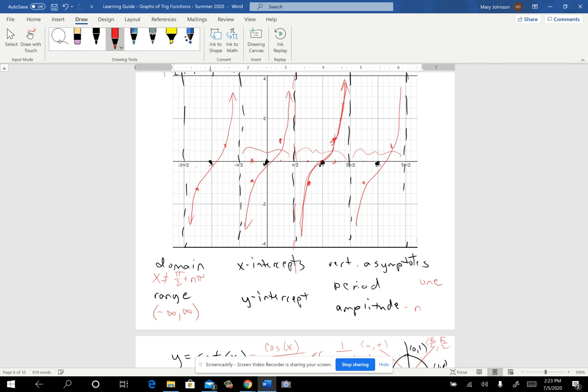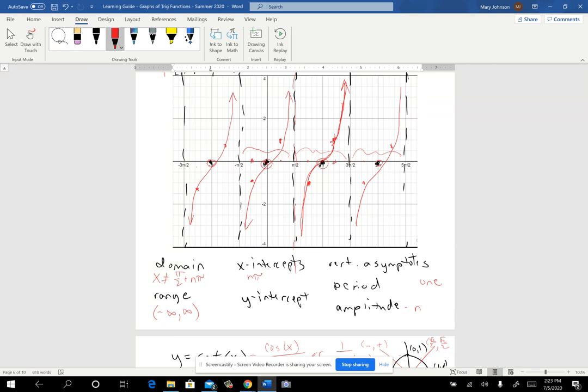Now for x-intercepts, you have an x-intercept at 0, at pi, at 2 pi, at negative pi. Remember that graph got slipped over a little bit, but that's where it actually hits. So your x-intercepts are going to be at n pi, some multiple of pi.